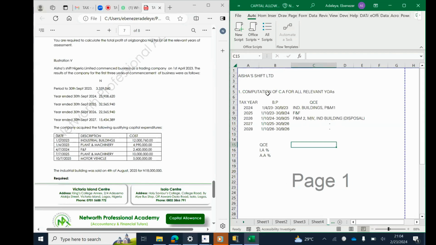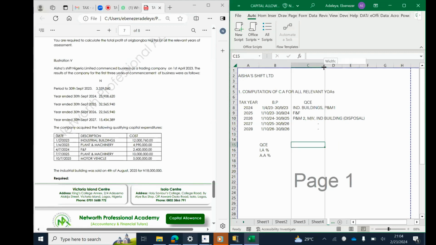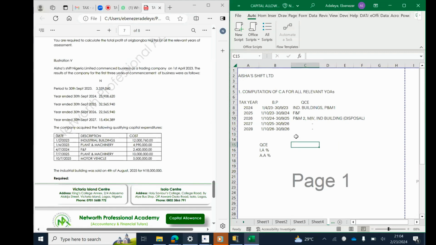All right, so for our QC, what is the first QC that we have here? Industrial buildings. We have industrial buildings, then we have plant and machinery. Then we have motor vehicles. Then we have, personally, for this not to be confusing, I'll do this twice. Plant and machinery one.